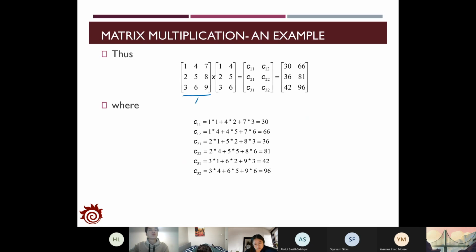Assuming that this is the matrix A, it has the first row 1, 2, 3, second row 4, 3, 6, last row 7, 8, 9, and you have another one for B. Then apply the equation that we mentioned in the previous slides, and you can find out all the values of the elements in the matrix C. So C11 you get is 30, and C12 is 66, and you can get all the other values.